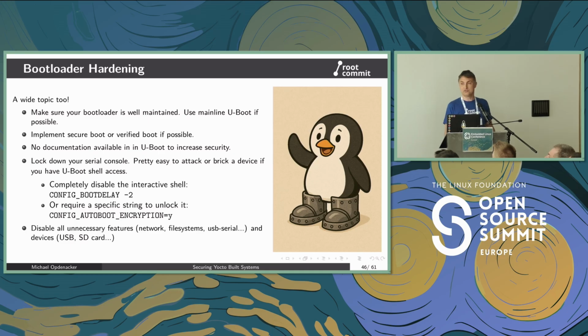If you just use 0, if you're fast enough, you can still interrupt the countdown. So -2 is better. Another safe thing you can use is autoboot encryption. That will ask you for a passcode to unlock the shell. You might want to try that as well.